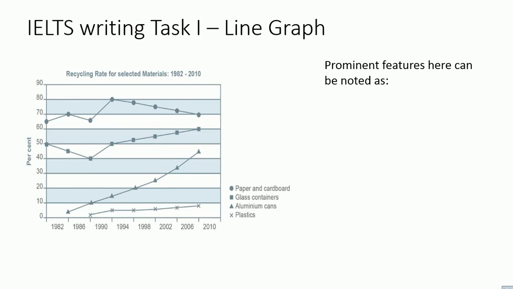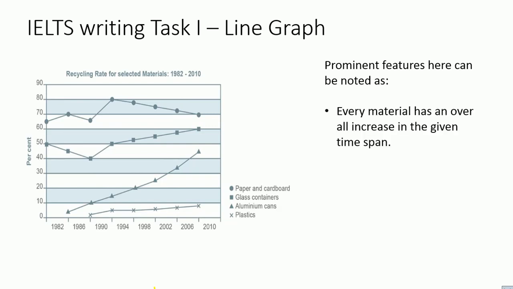So here we note down some prominent features. Every material has an overall increase in the given time span. As you can observe, for the paper and cardboard material, which is the topmost line trend, it was 65% in 1982, and in 2010 it is about 70%.